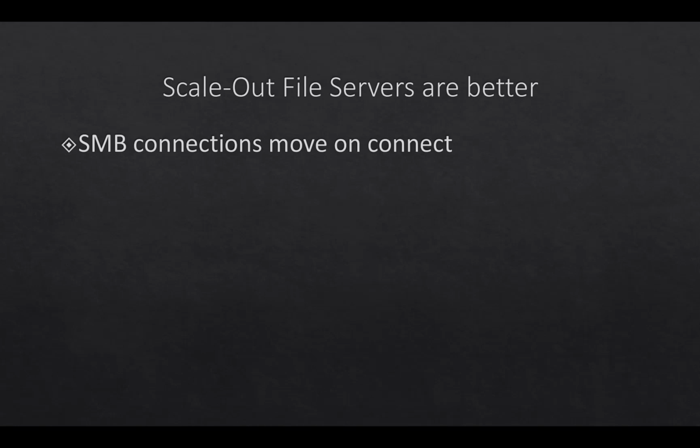The first option we did was SMB connections moving on connect. In previous versions, when a client connects to a scale-out file server, if that user is connecting to a CSV drive that is owned by another node, it's connected, data starts flowing, we see, hey, we need to move this over to the node owner of the CSV so that it can be all local access.